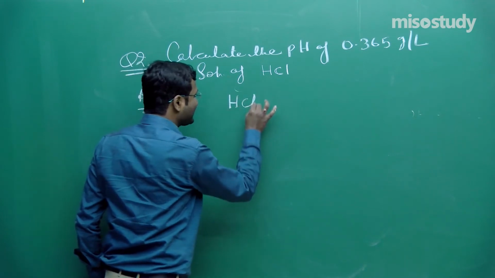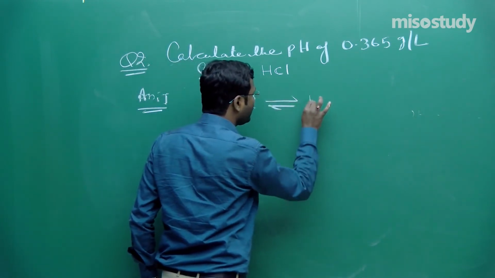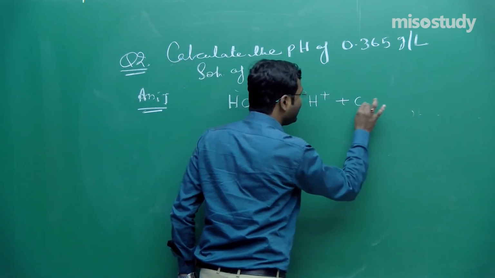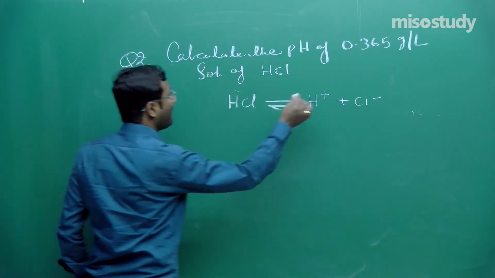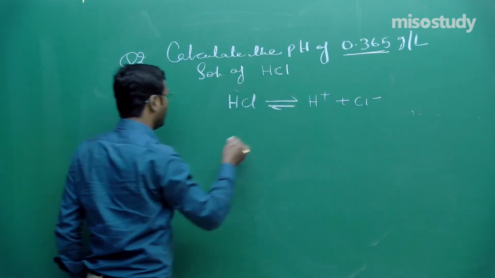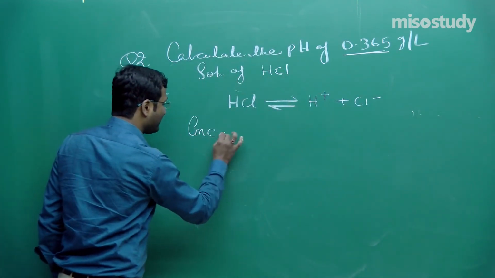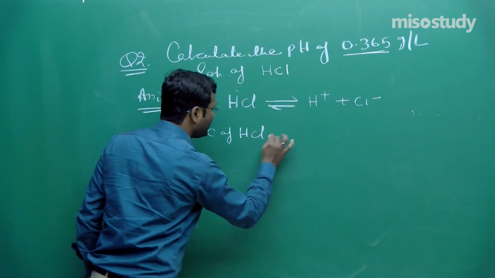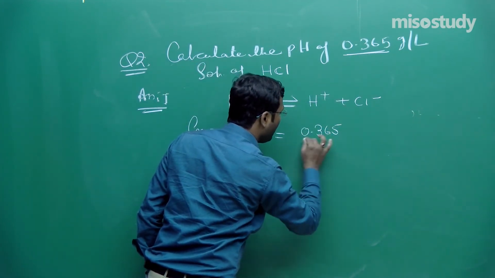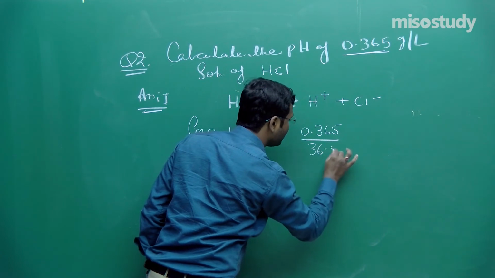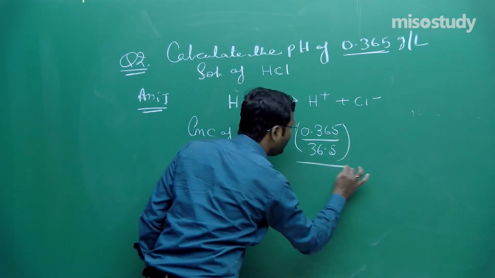As we know, HCl after dissociation gives H plus and Cl minus. So first of all, we have to find the concentration. Concentration of HCl is equal to given mass upon molar mass, and volume is 1 liter.